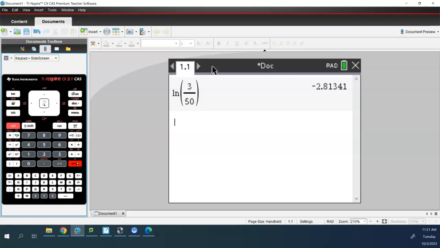By 0.3? I get -9. Typically, we'll round to 3 decimal places. I think on the test on Tuesday, I have you rounding to 3 decimal places. So I would say here, -9.378.